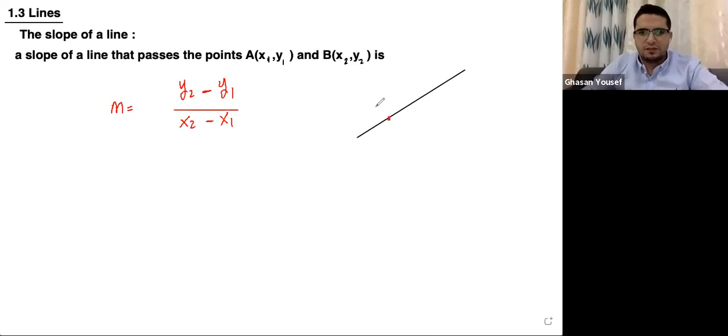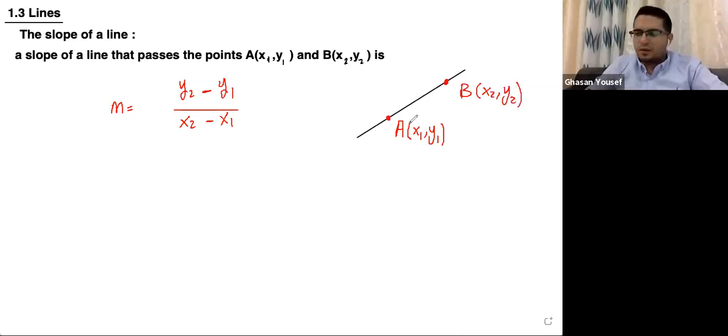This is my first point, A of x1 comma y1, and this is my second point, B of x2 comma y2.